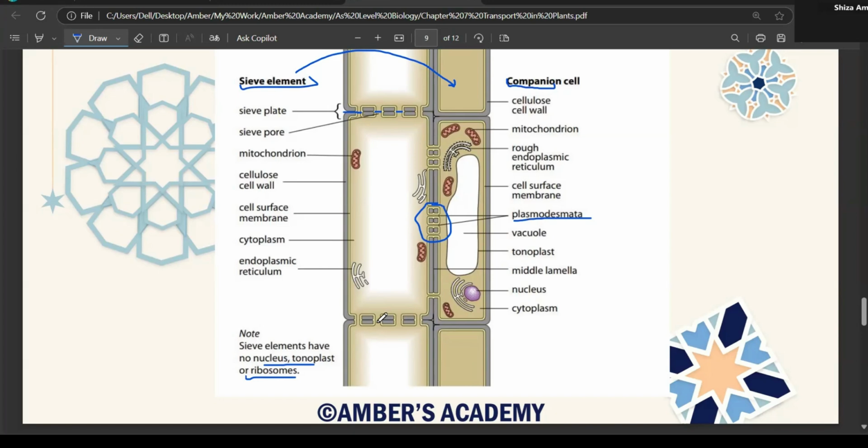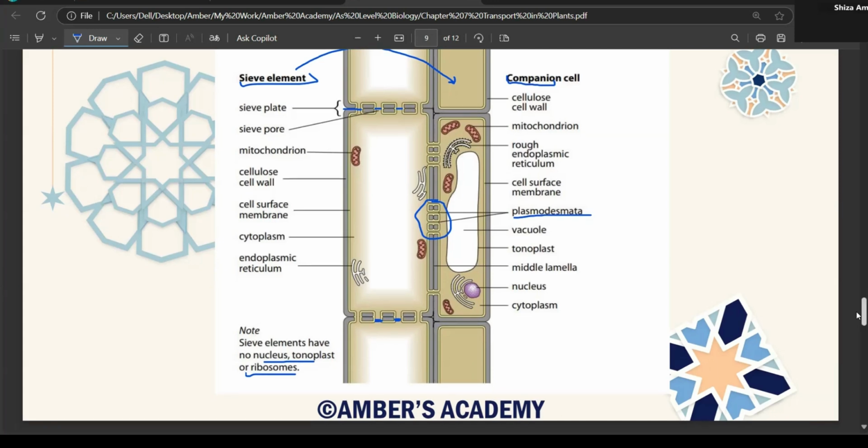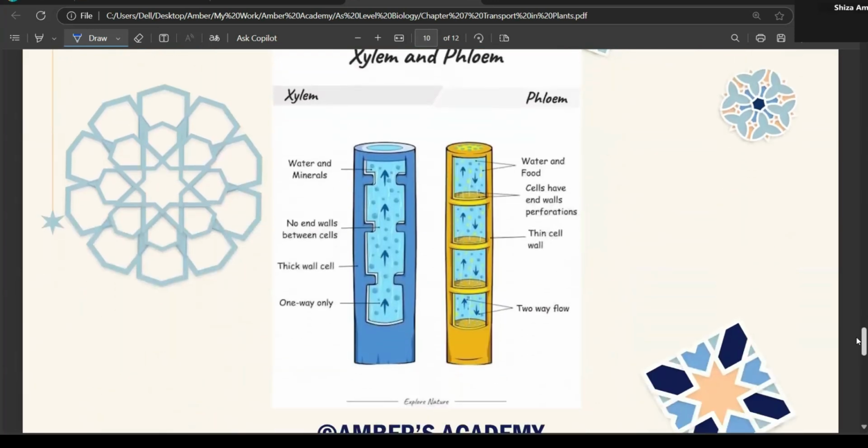This part is not plasmodesmata; this is your C4, which is a component of sieve element. I'm repeating it again and again so that you remain mindful, because this is a very repetitive mistake that I've seen multiple times. Sieve element and companion cell are separated by plasmodesmata and not by C4s.